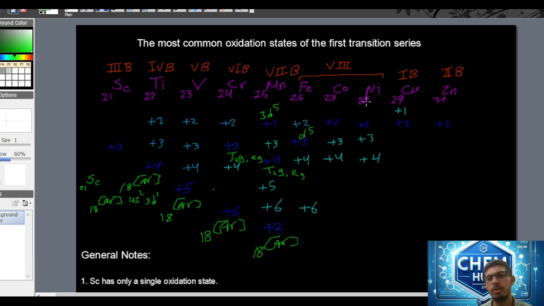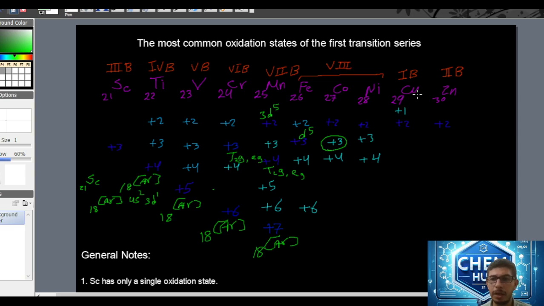Okay, how about cobalt and nickel? You have 2 positive in cobalt and 2 positive in nickel. That lies in the t2g and eg electronic configuration. Even the 3 positive oxidation state, to be honest, is also a common oxidation state of cobalt.